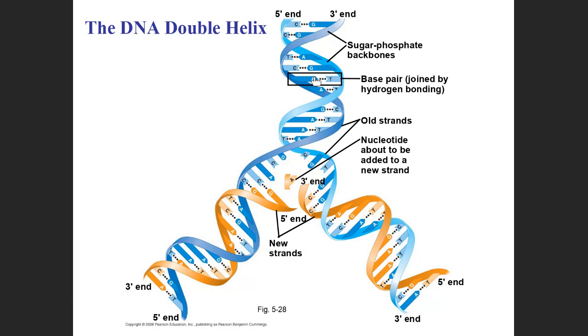There is strength in numbers, but the idea here is that the cell needs to be able to pull the two strands apart for DNA replication as well as transcription. So the hydrogen bonds are strong enough to keep DNA together, but not so strong that the cell cannot pull the DNA apart so that it can replicate it or transcribe it. And we'll learn about replication and transcription later.